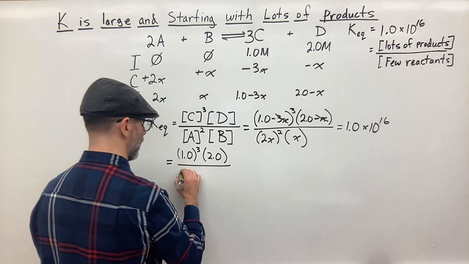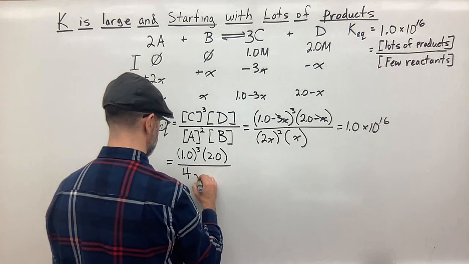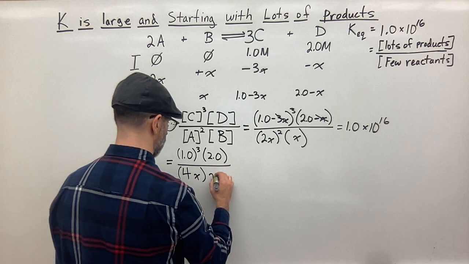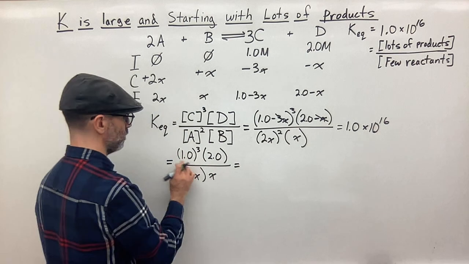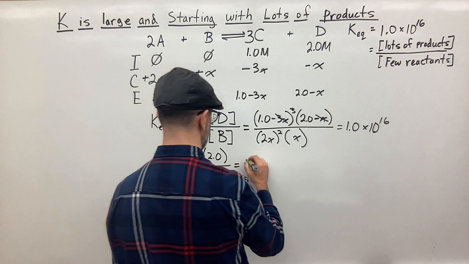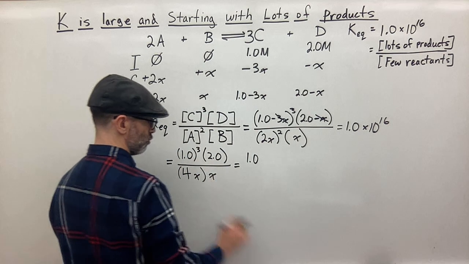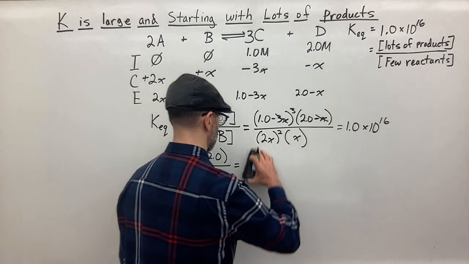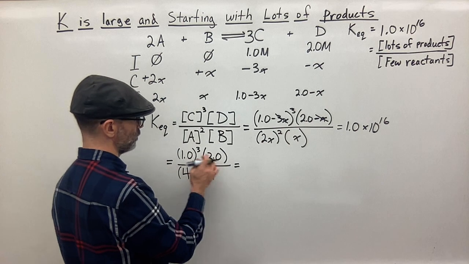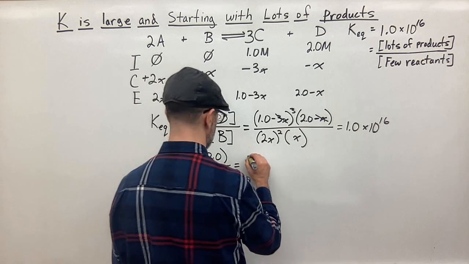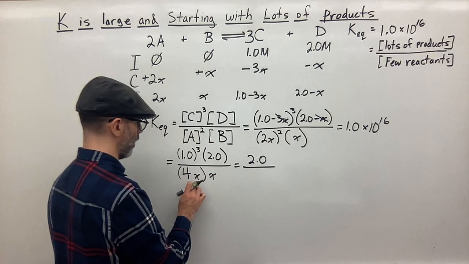So I'm going to have that as 4x squared multiplied by x. This is 1.0 cubed, which is just 1. So 1 times 2 is 2. So that's going to end up being just 2.0. And then this is 4x squared.